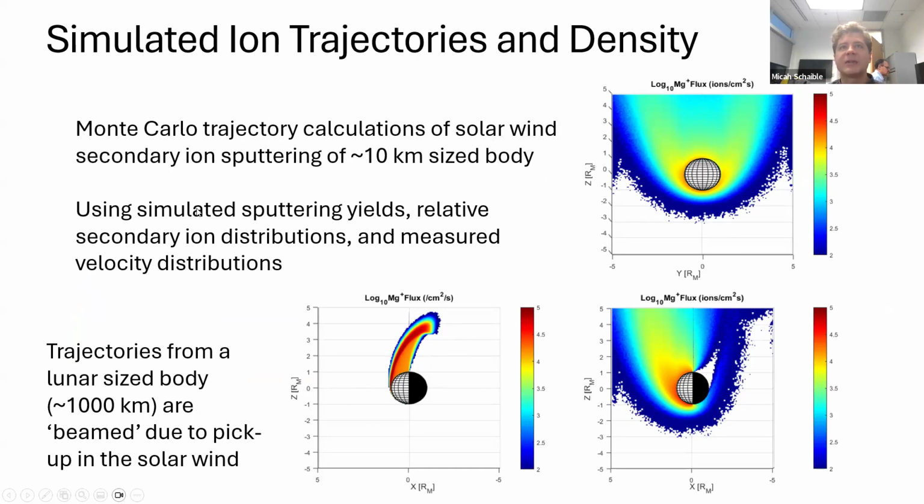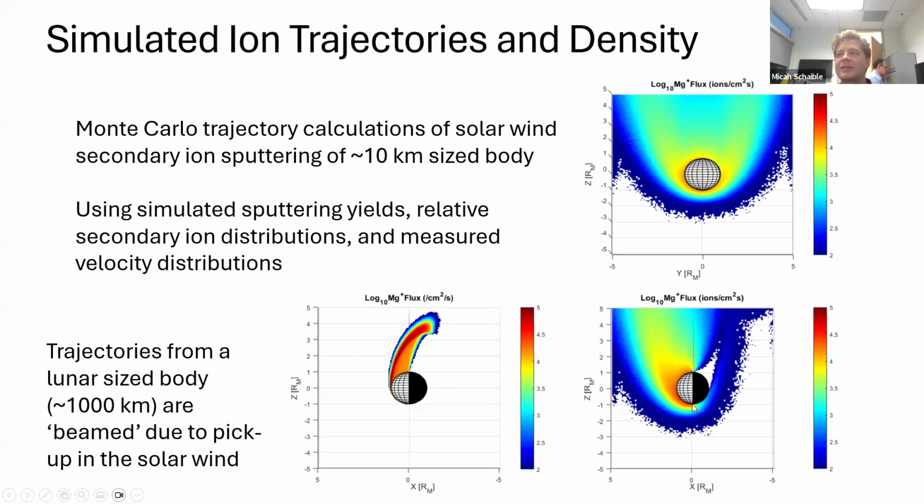Now, what we see using these sputtered secondary ion trajectory calculations is that for a small body, we get more or less a cloud, because the scale heights are similar in the two cases, but for the smaller bodies, the gyro radii are larger than the body diameter.